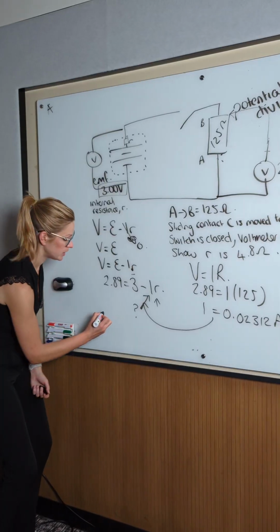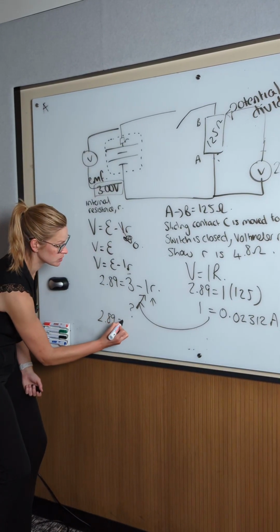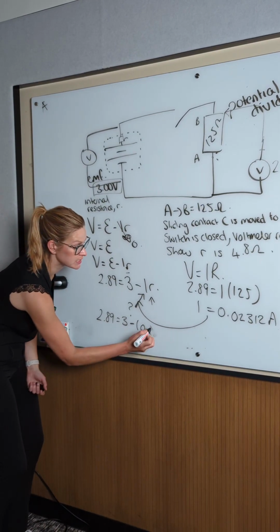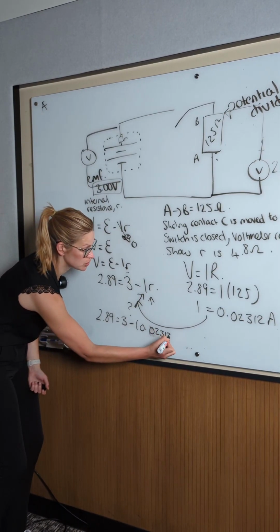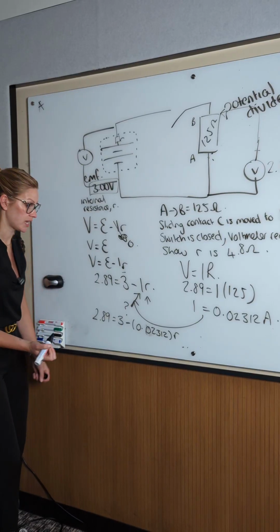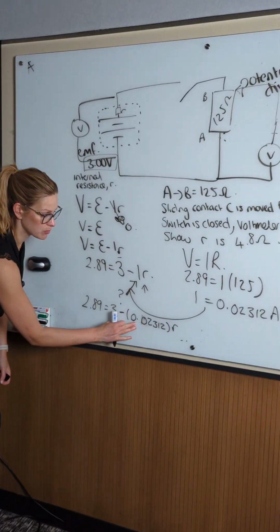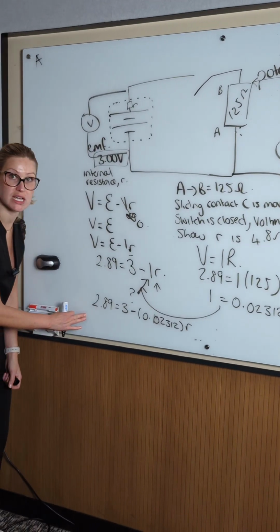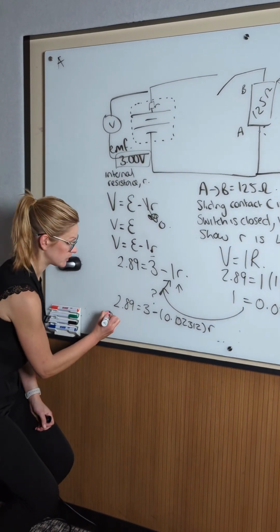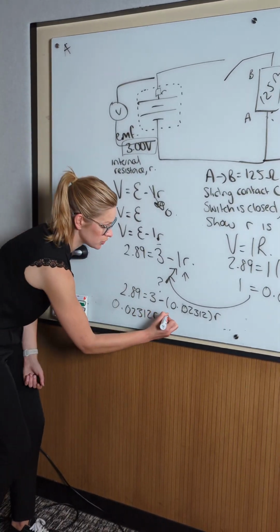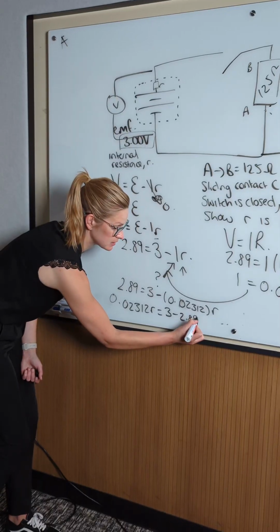So what I have now is 2.89 equals 3 take away 0.02312 times little r, okay? So to rearrange this, I can add this number to both sides and subtract this number from both sides. So I have 0.02312r is going to be equal to 3 minus 2.89.